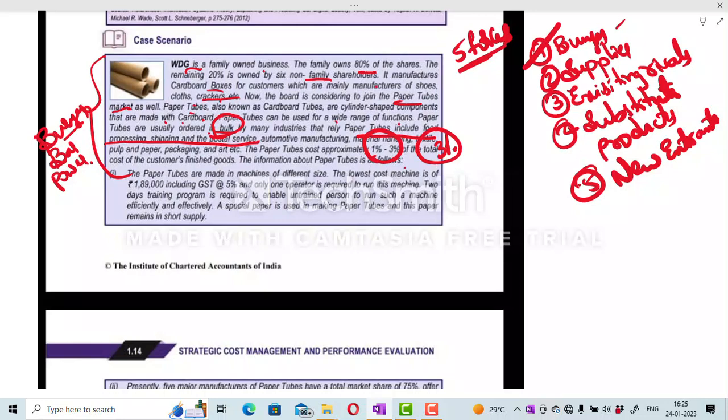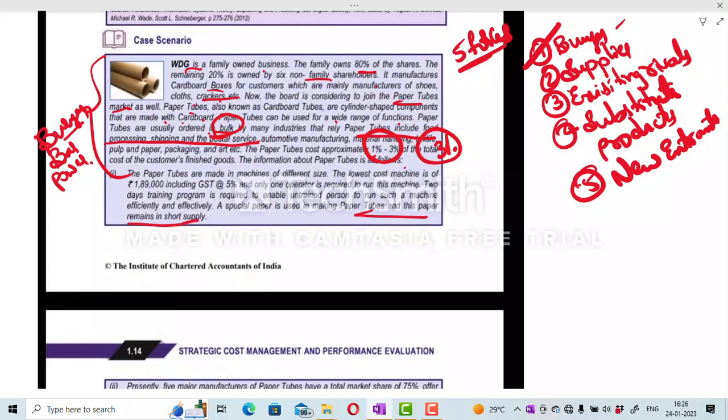Next, paper tubes are made in machines of different sizes. Lowest cost machine is 1,89,000 including GST of 5%, and only one operator is required to run this machine. A 2 day training program is required to enable an untrained person to run such a machine efficiently and effectively. Special paper is used in making paper tubes, and this paper remains in short supply.